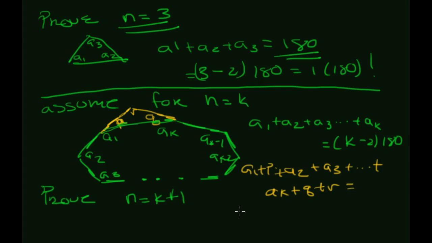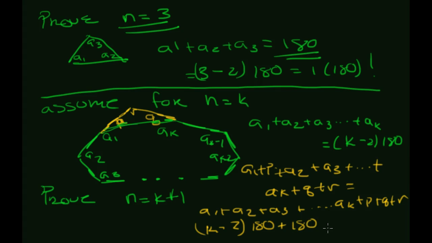Well, let's see. That's the same as A1 plus A2 plus A3 plus AK plus P plus Q plus R. All right, so this part is K minus 2 times 180. This part here is 180.